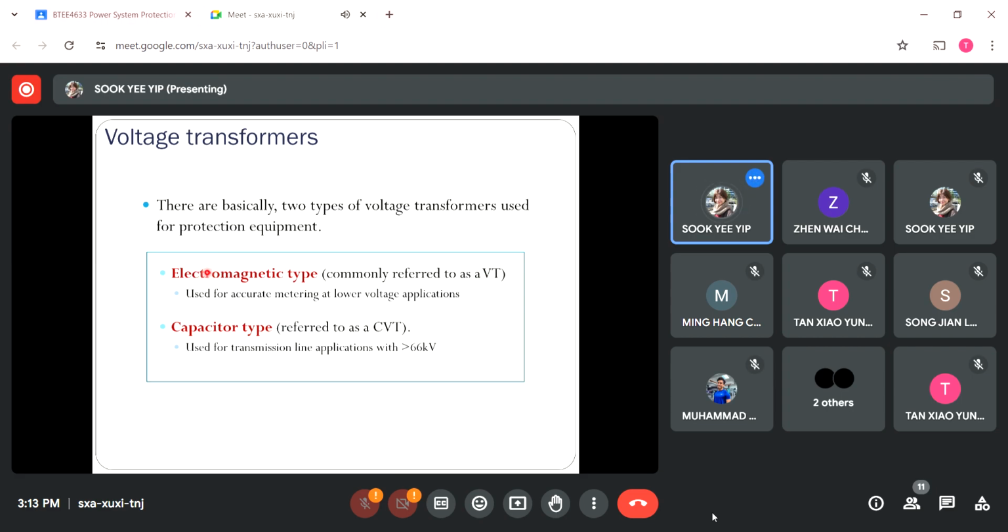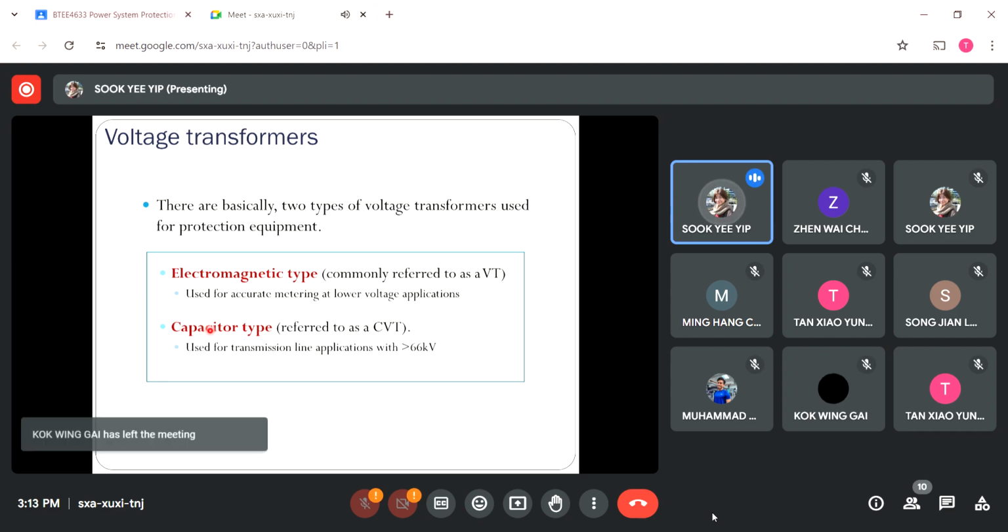This electromagnetic type of voltage transformer is usually used for much lower voltage applications. We use it for metering purposes to get accurate voltage measurements for lower voltage systems. Another one is what we call the capacitor type voltage transformer, in short CVT.